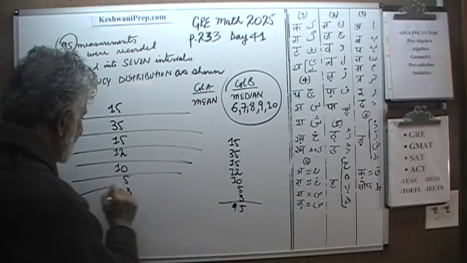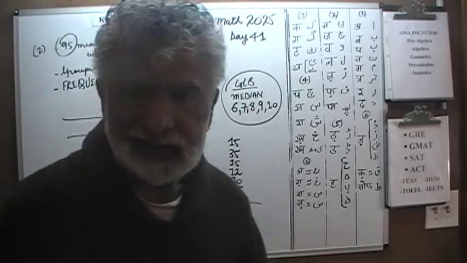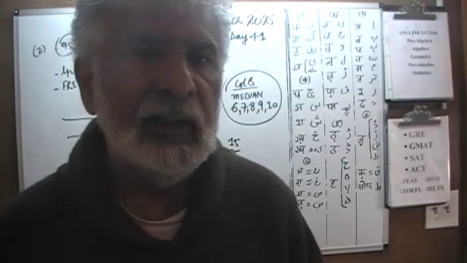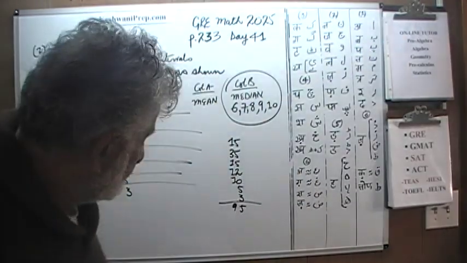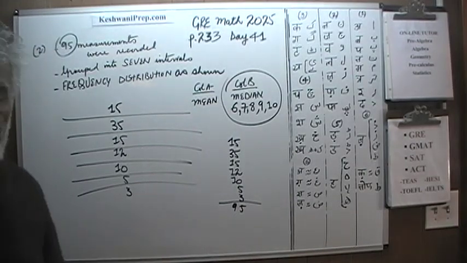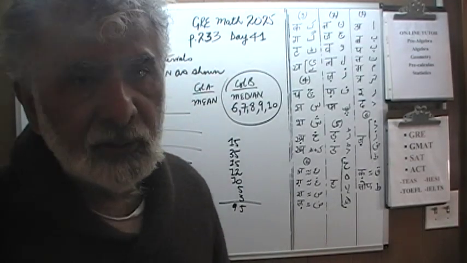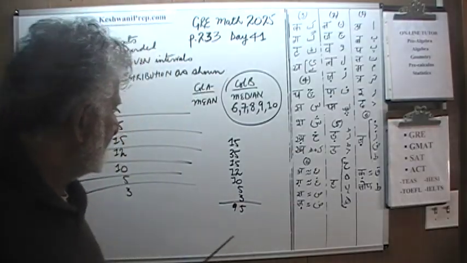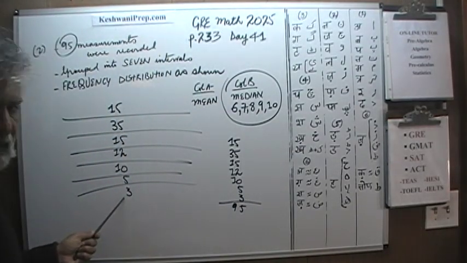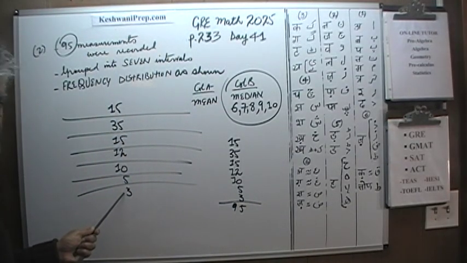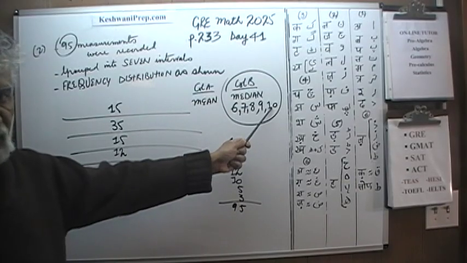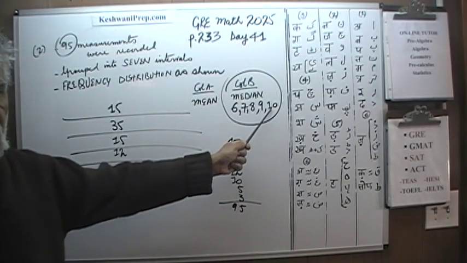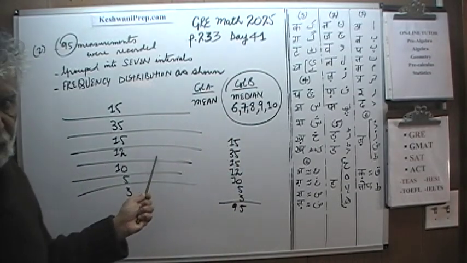So we're looking at two extremes, the least possible value of mean and the greatest possible value of mean. If we can somehow show that the greatest possible value of mean, or rather the least possible value of mean, is greater than the greatest possible value of the median, then we are in business.